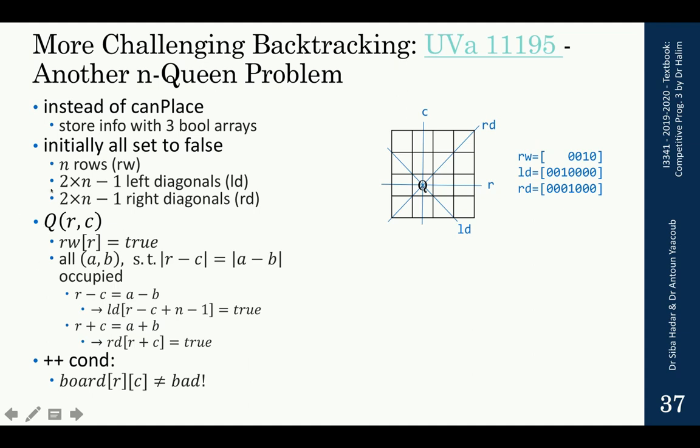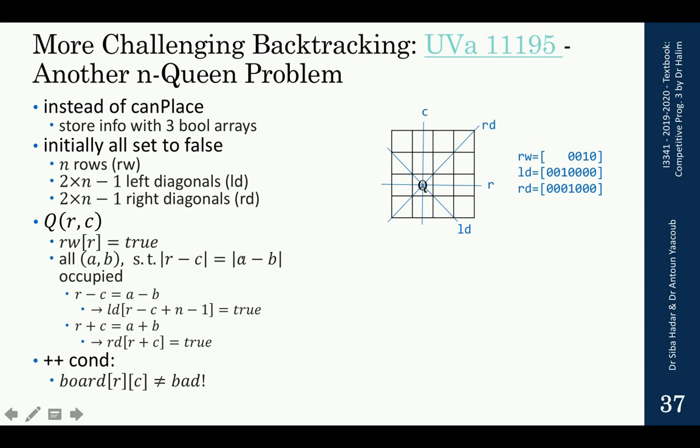When I place a queen at R, C in a cell, that means the row R is true, is occupied and cannot be taken in a future iteration. By a simple calculation that I already showed you, if we remove the absolute value, we can obtain either this is equal to the negation of this or equal to the positive value of this.